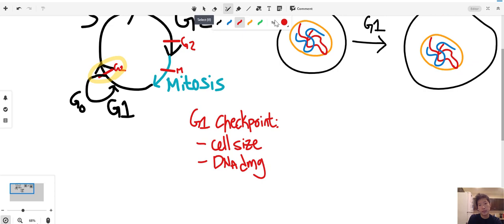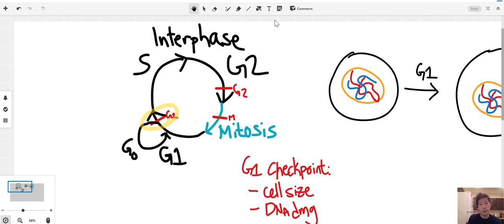So once it passes this G1 checkpoint, the cell is now irreversibly committed to dividing. Okay, so this G1 checkpoint is really important. So if the cell decides that it does not want to divide, or that it is not an appropriate time to divide due to DNA damage, it doesn't have enough nutrients, or it's just not receiving enough signals, or there's not enough growth factors, etc., it'll enter G0.